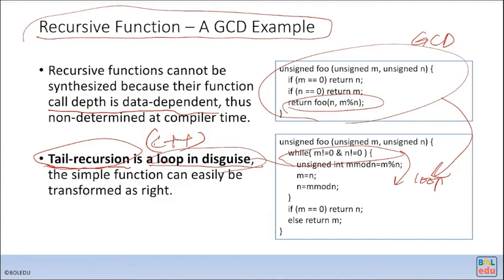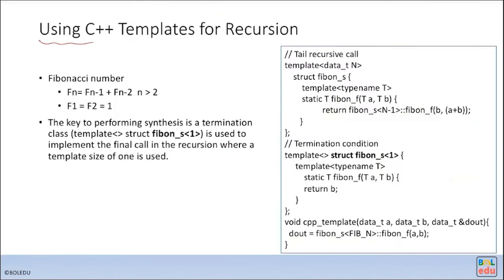Okay. So if you want to use C++ to support tail recursion, then the key is you need to define a termination class.